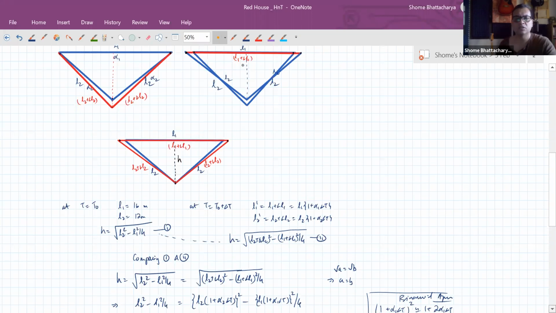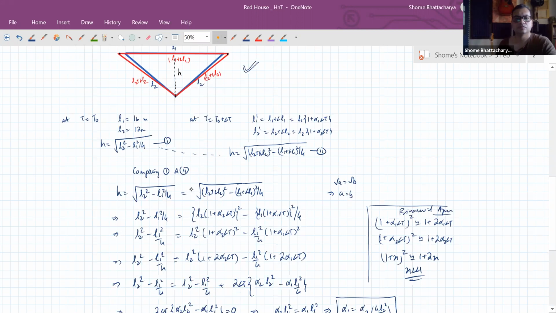So this is the situation that we want. That is expressed through equation 1 and 2, that this height h remains the same no matter how much we increase the temperature by. So for that to happen, this is the condition: comparison of equation 1 and 2 and equating the value of h in the 2. That is the condition.